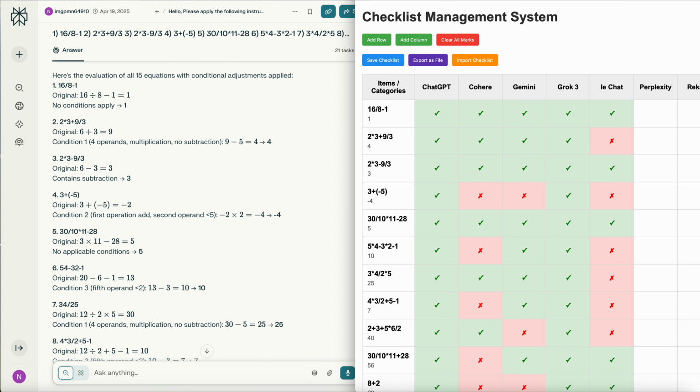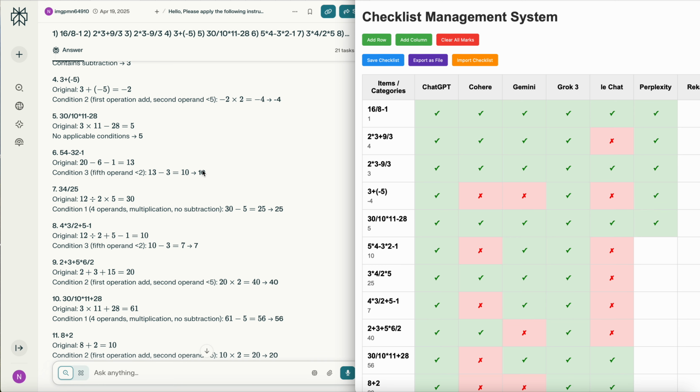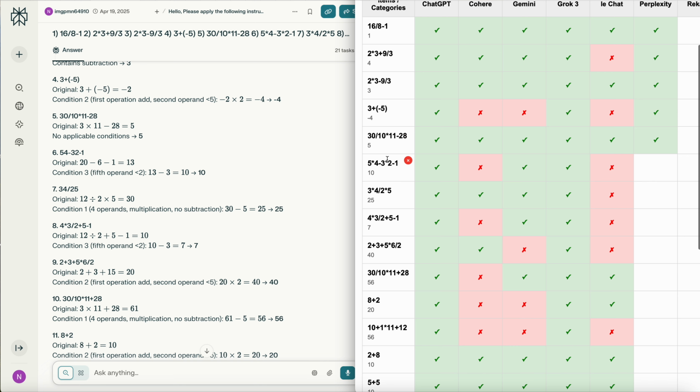So let's run. 1, 1, yes. 4, 4, yes. Damn. 3, 3, yes. Ooh, -4, -4, yes. 5, 5. 10, 10. 25, 25.